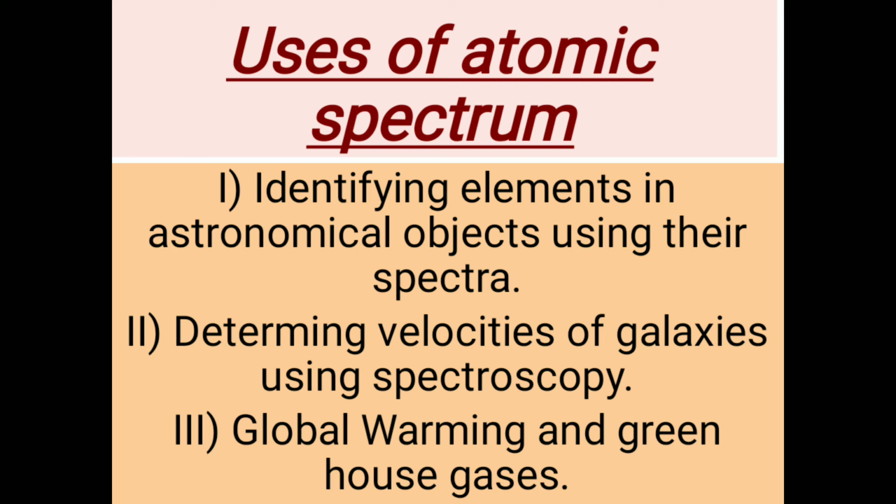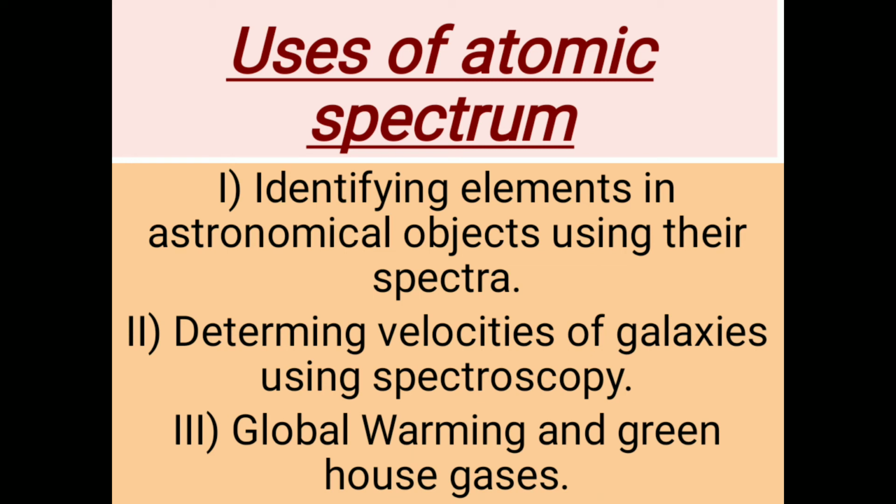First use is to identify elements in astronomical objects using their spectrum. Measuring the spectrum of light from a star can tell astronomers what the star is made up of.